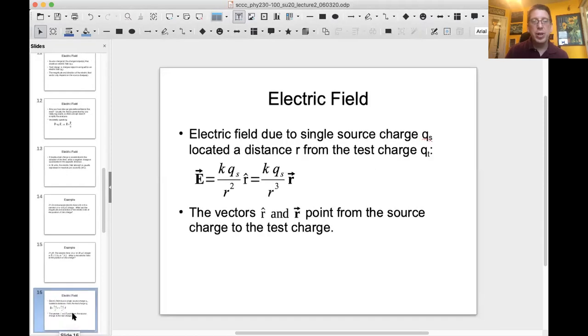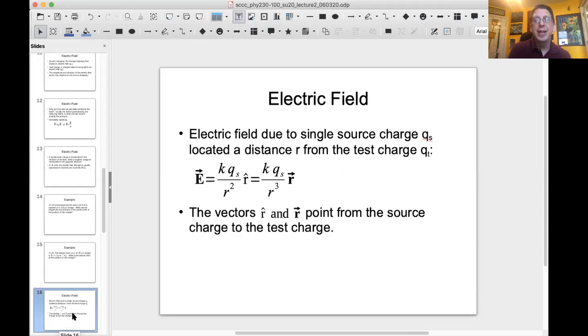So moving along, how do you calculate the electric field based on the source charges? If you have a single source charge, the electric field vector is equal to k, the Coulomb constant, multiplied by the source charge, divided by r squared, and it's in the r hat direction.